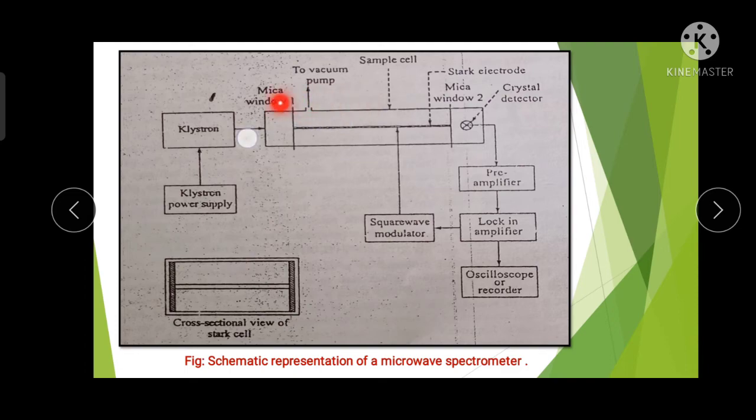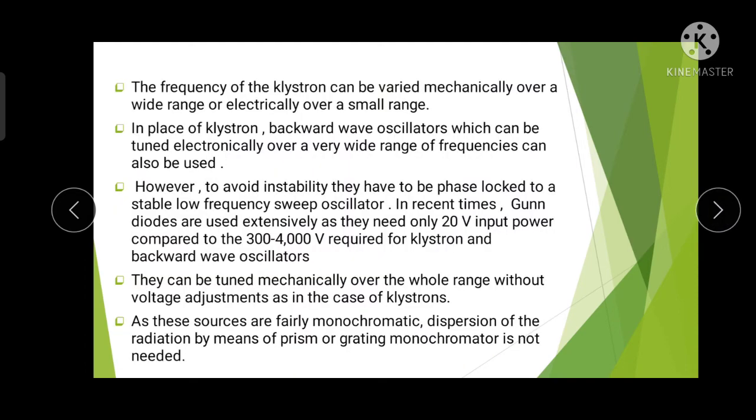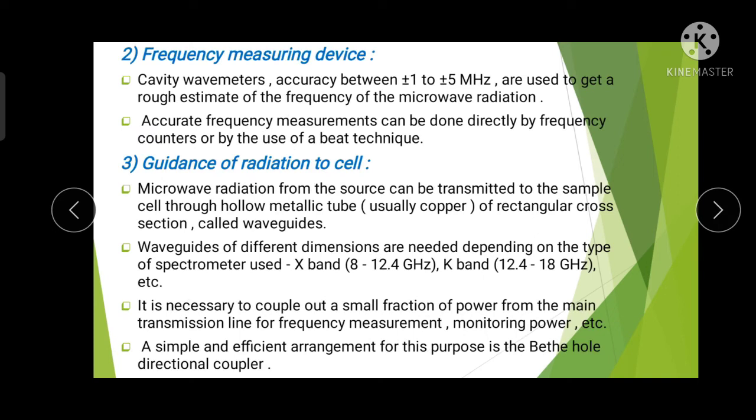So the waveguide plays a very important role in the microwave spectrometer. So here the microwave radiation from the source can be transmitted to the sample cell through the hollow metallic tube. That means all of this happens through the hollow metallic tube, and this tube is known as the waveguide.